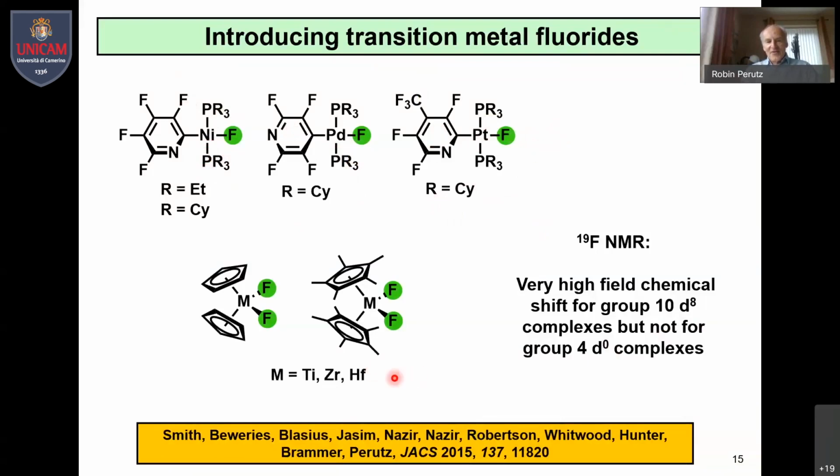Then we have some group 4 complexes, bis-cyclopentadienyl metal difluoride for titanium, zirconium, hafnium. Here we have our 2 fluorines. They have a D0 configuration as opposed to D8 for the nickel, palladium, platinum. And with D0 configurations, the fluorine resonance is not shifted upfield, but comes in a much more familiar region.